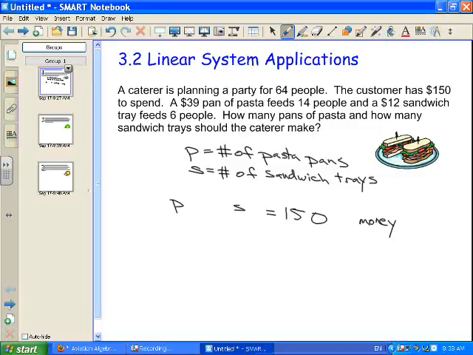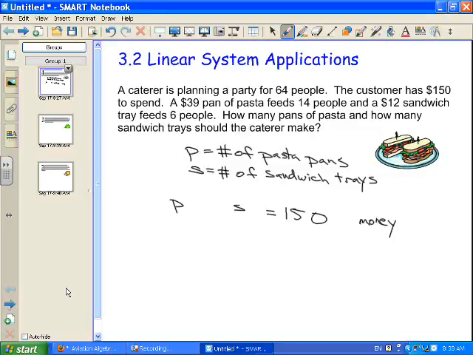So how will I find out how much money I have invested in pasta trays? $39 for pasta trays, $12 for sandwich trays. Actually, it's $39 per pasta tray, so it depends on the number of pasta trays, on how many 39s I'm actually spending.